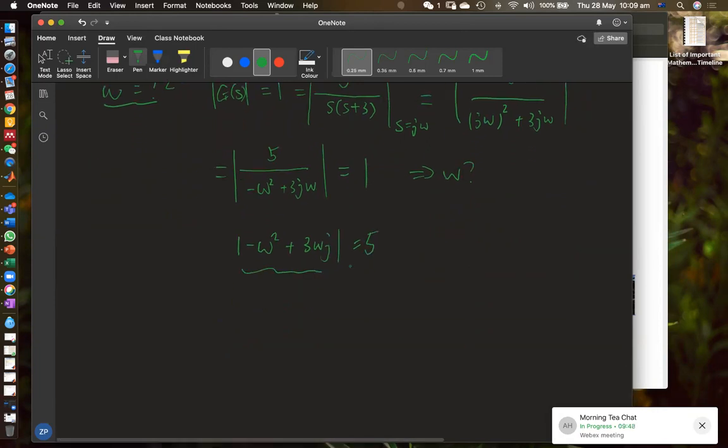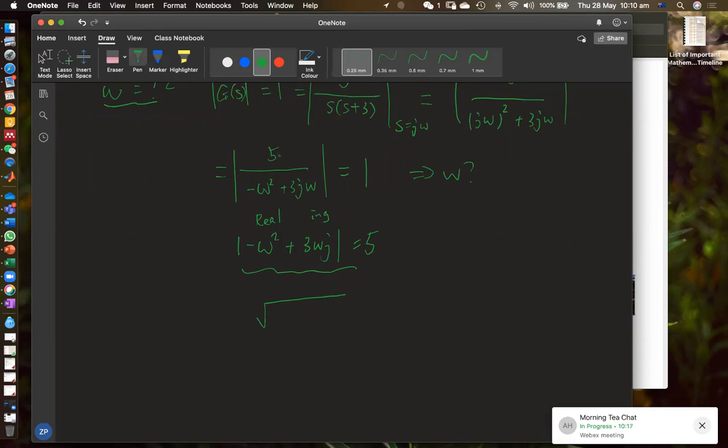What is this? This is a complex number. This is the real component, this is the imaginary component. Can we compare it with 5 plus 0j, imaginary part with imaginary, real part with real? No, because this is an absolute value, the magnitude. So you have to get the magnitude of the bottom and the magnitude of the top.